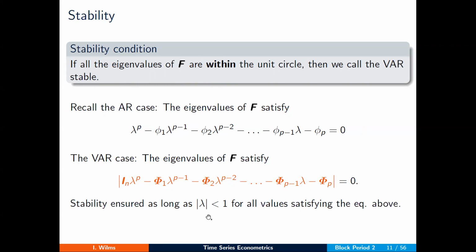well, then the model is stable. Now, similarly for the VAR, write down the same p order polynomial, but now we have not scalar AR parameters, but we have the parameter matrices popping up in front of all of the lambdas. Now, since we need to have a scalar in the end, we should also take the determinant.